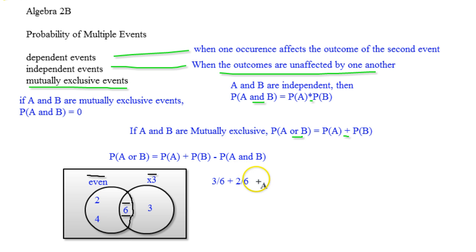And that's where this minus 1/6 comes into play, because I accidentally counted it an extra time. So 3 plus 2 is 5, minus 1 is 4, so this is 4/6, which reduces to 2/3. So the probability of getting an even number or a multiple of 3 is actually 2/3.